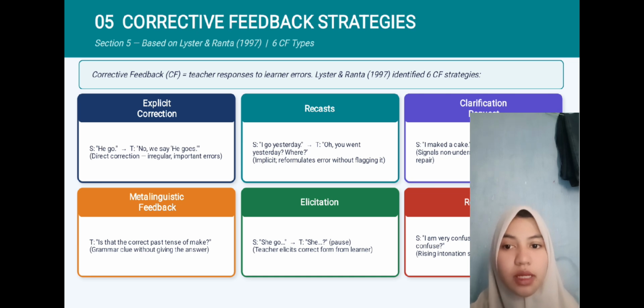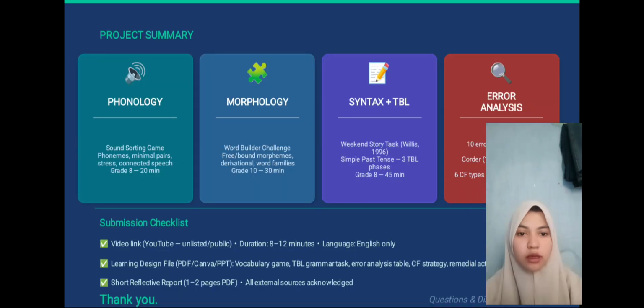For example, the teacher asks, what is the correct past tense of make? And the last is repetition. It means the teacher repeats the error with rising intonation, like I'm very confused, you are very confused? Maybe that's all for examples of corrective feedback.